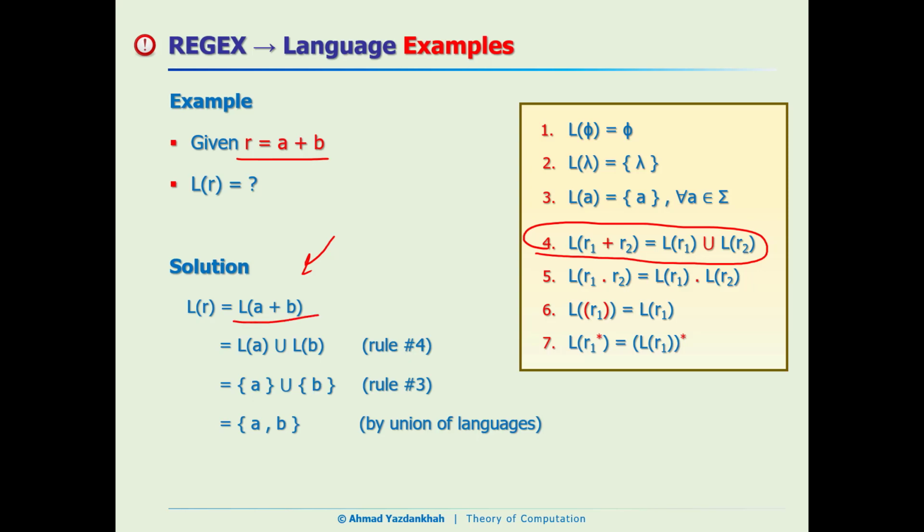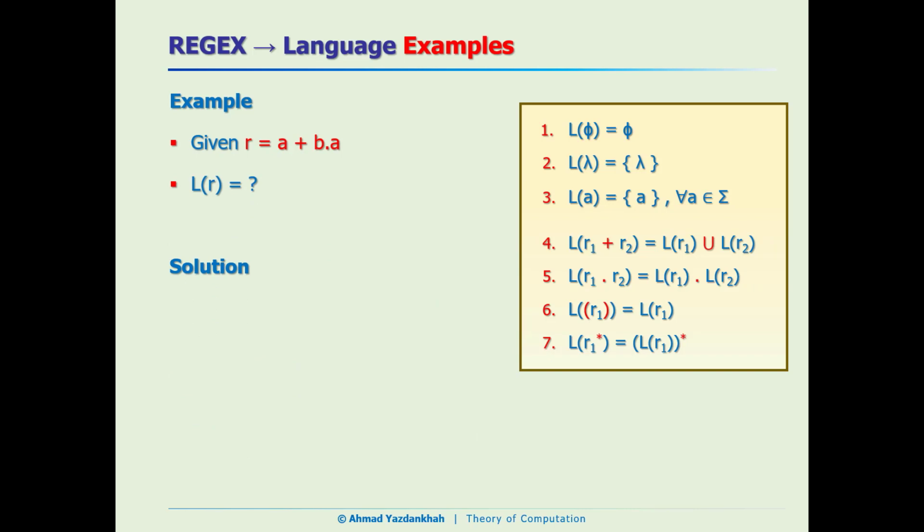Based on rule number 4, we separate them as a union, and then we can use rule number 3 to find all of these, and finally a comma B. If this is the regex, this is the language. Pay attention that we are talking about a language, even though it looks like an alphabet, but this here is a language.